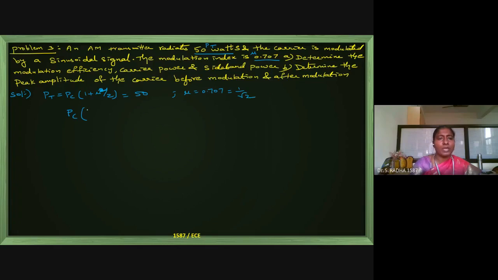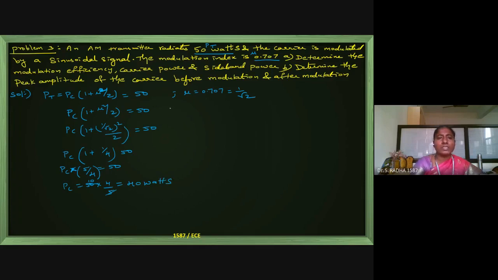I substitute the mu value: PC into 1 plus (1 by root 2) whole square divided by 2 equals 50. We have 1 plus 1 by 2 divided by 2, which becomes 1 by 4, so PC into 5 by 4 equals 50. PC equals 50 into 4 by 5, which gives a carrier power of 40 watts.